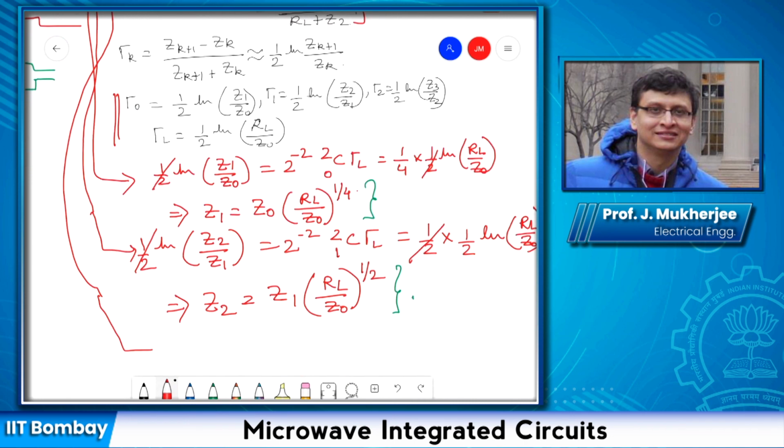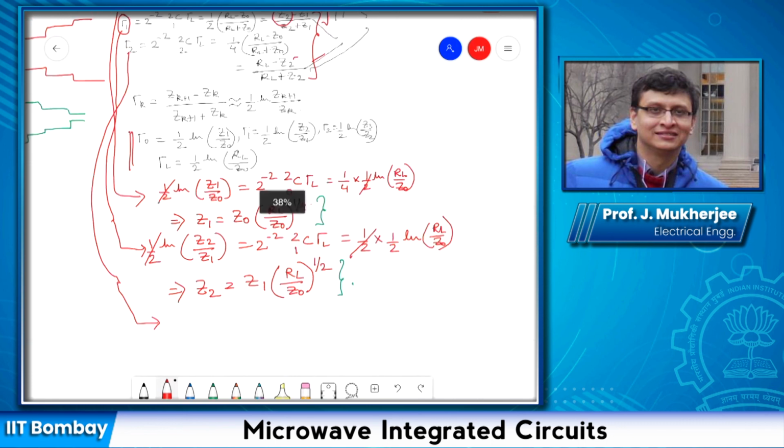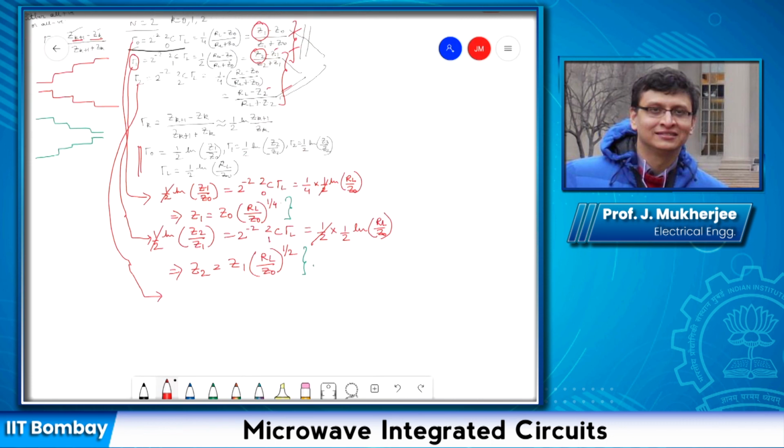In place of gamma 2 I substitute half ln Z3 upon Z2, and then this expression becomes 2 raised to minus 2 to C2 gamma L, which is equal to 1 by 4 into half ln RL upon Z0.